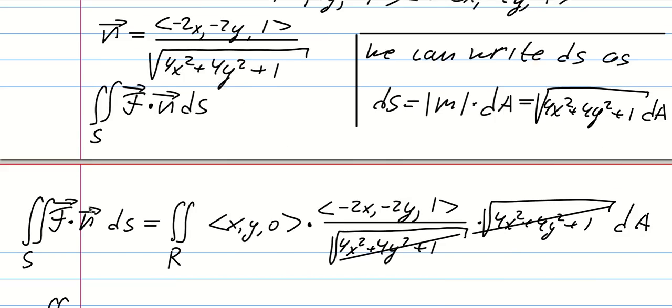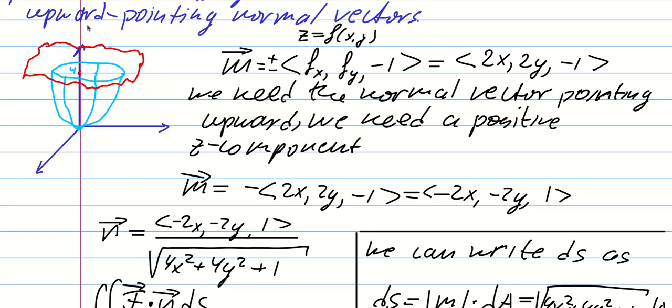And what is this region R? Our region R, if we look from the top, is the projection onto our xy plane, which will be a circle of radius 2, right?